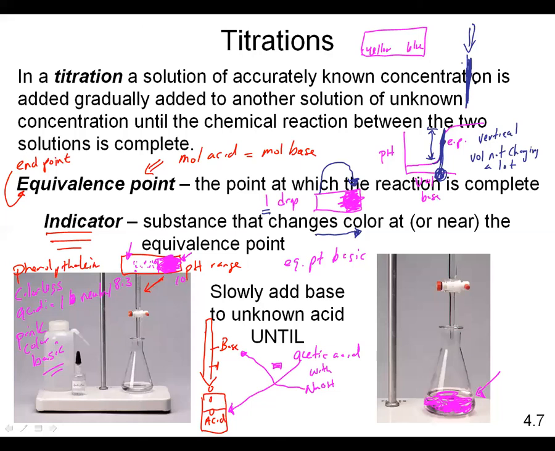But if you have a wide variety of volumes to get to the equivalence point, so for example, the first trial took you 10 milliliters, second trial took you 22 milliliters, the last trial took you 15 milliliters, your numbers are probably all over the place, not going to be very good. But if the first trial took you 15 to get to the equivalence point, next one was 14.9, next one was 15.1, they're all within the same ballpark, you'll probably be okay.